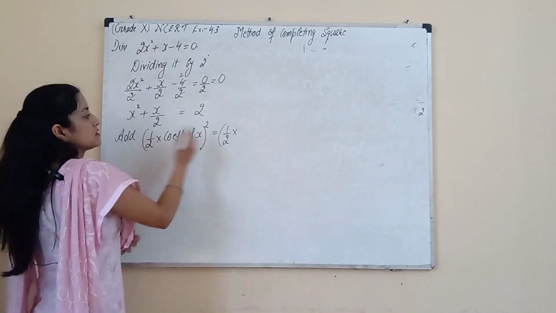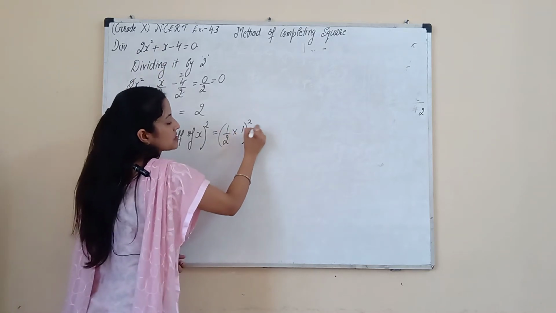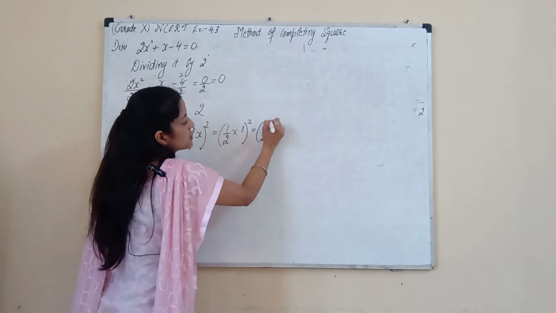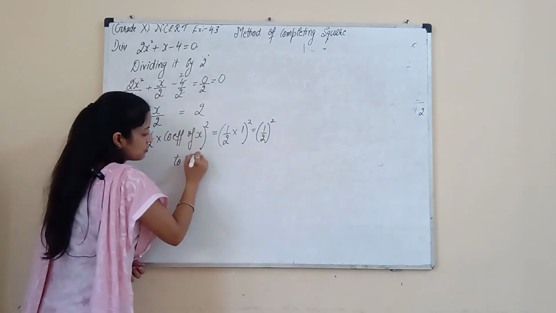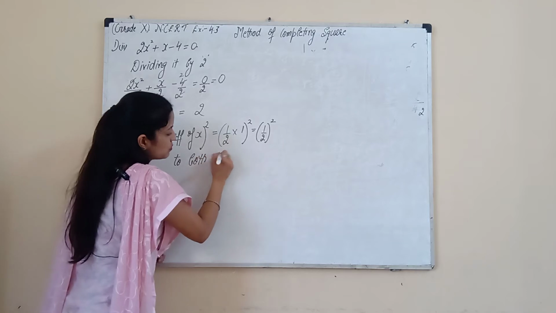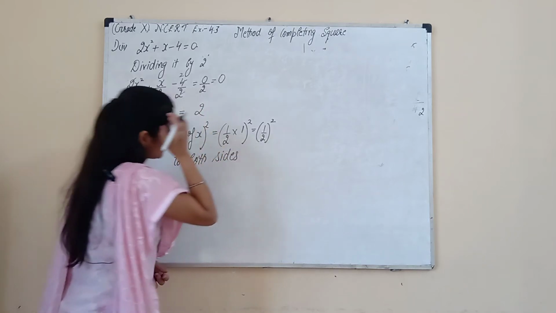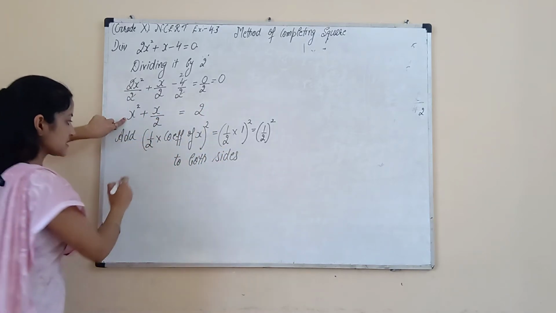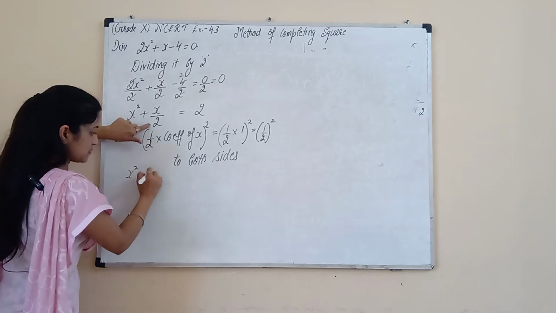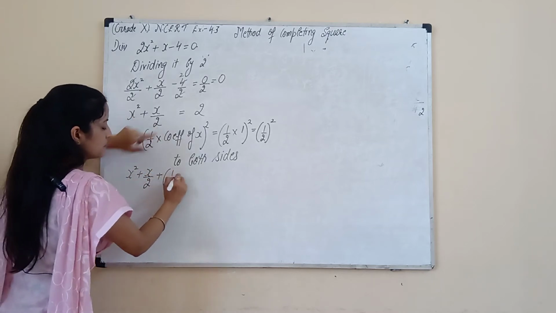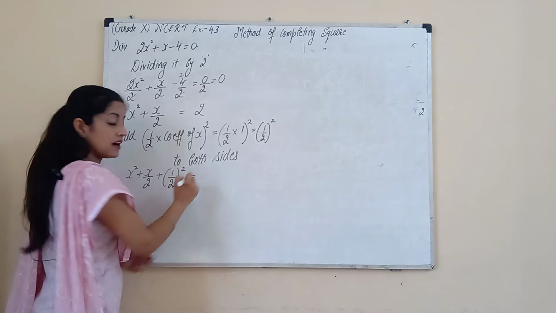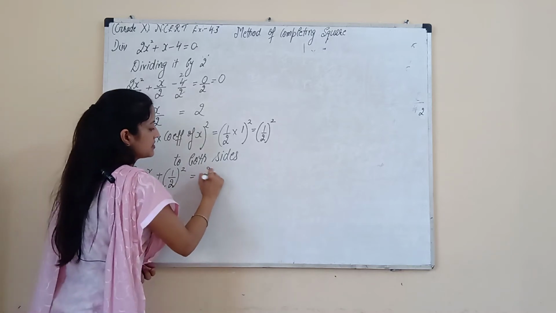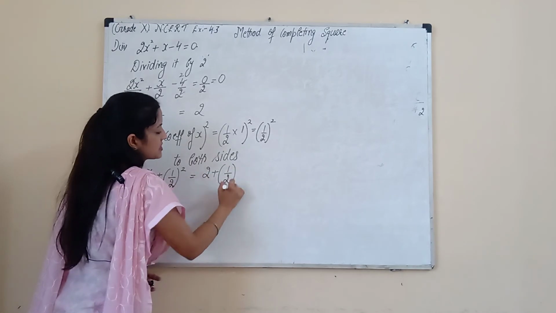So that is 1/2 whole square. Add this term to both sides. Next is x square plus x by 2 plus half square on the left hand side as well as on the right hand side.